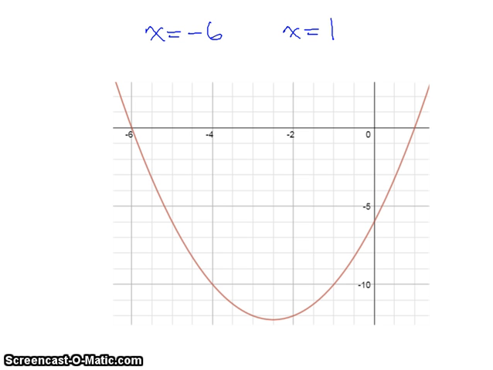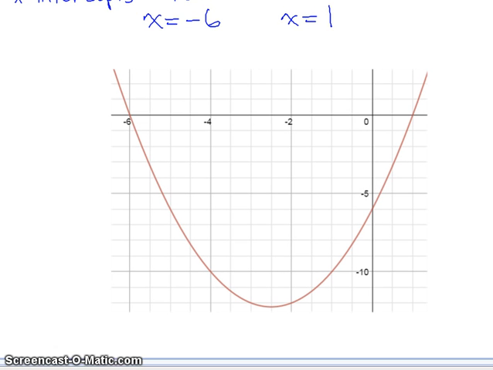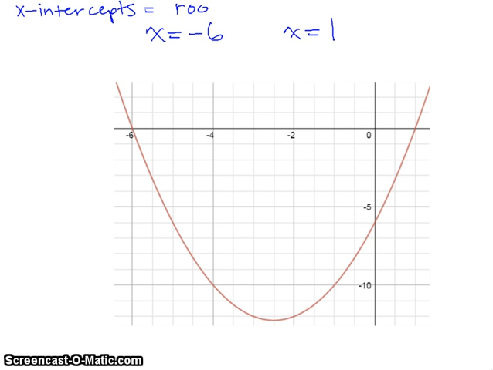So on a graph, those are the x-intercepts, and they're also called the roots. Okay, and you can think of that as holding your graph in place.